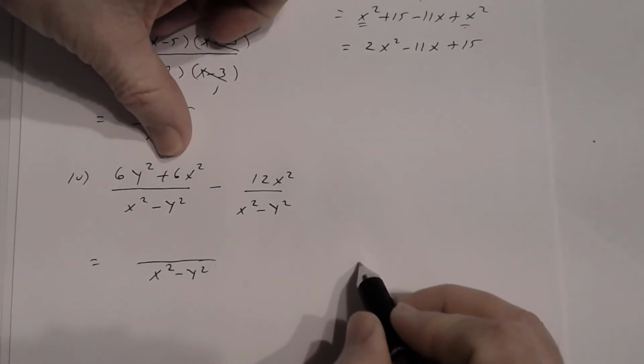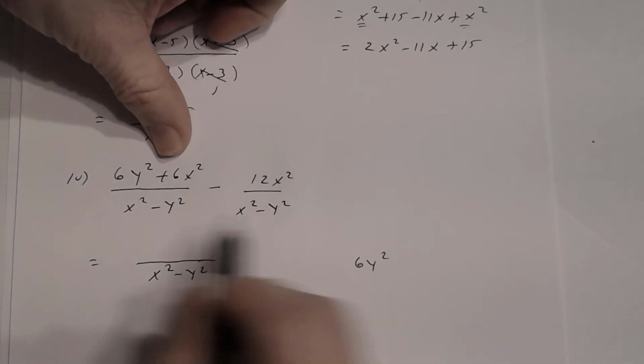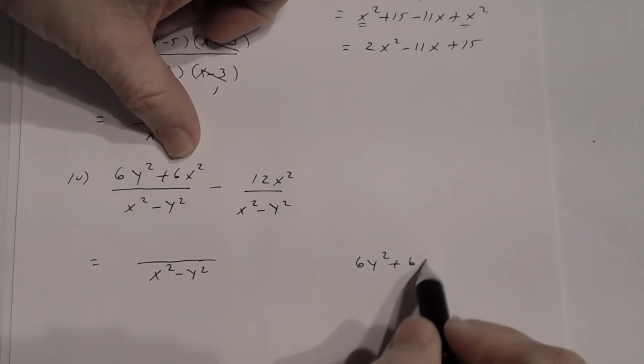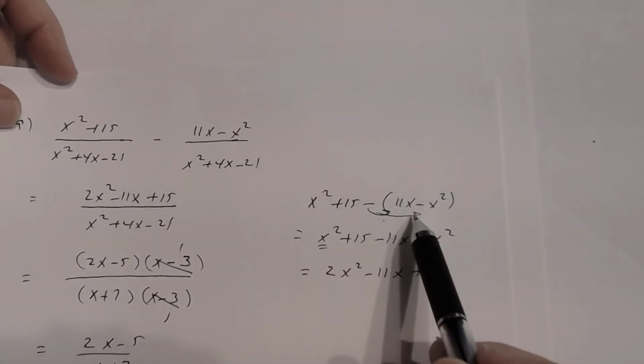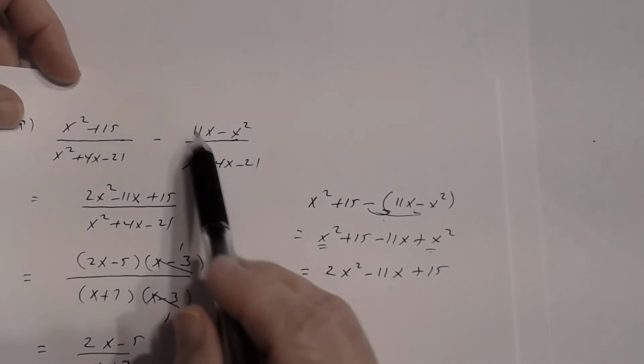If you look at the numerator, I have 6y squared plus 6x squared, and then I'm subtracting. Now notice, in the previous one, I put that in parentheses because that was more than one term.